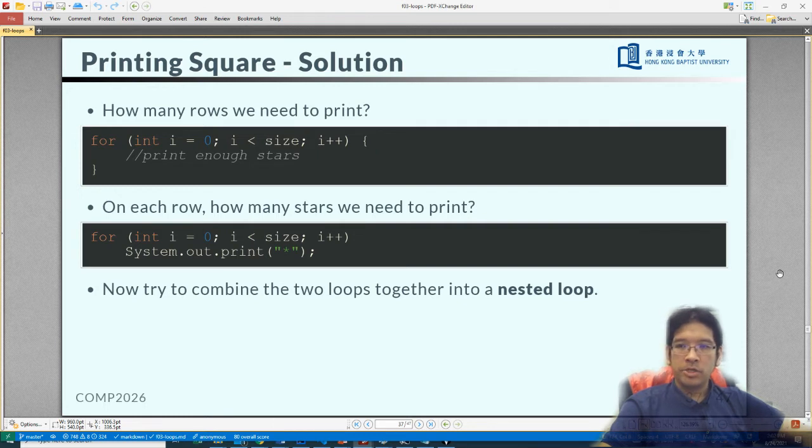The first intuition is to put this piece of code inside this loop. Well, let's try to do it. If we put these things inside this loop, we are setting up a nested loop.